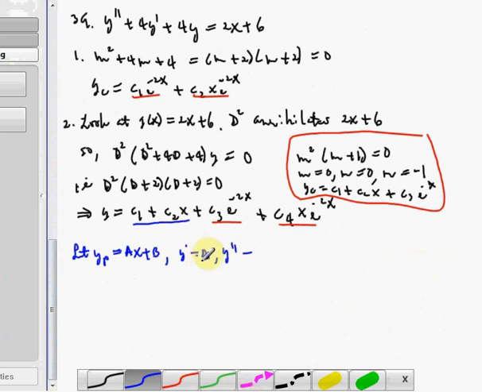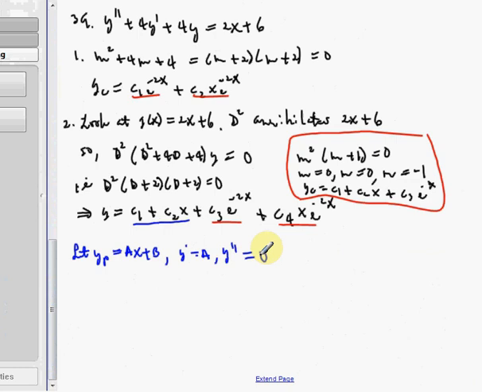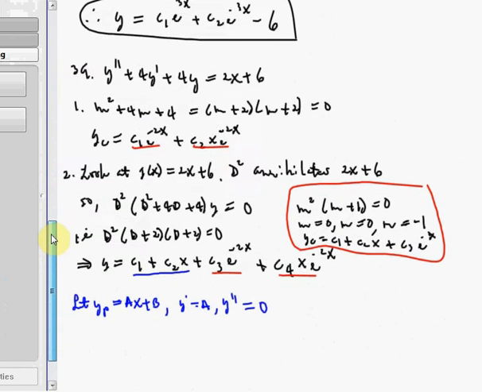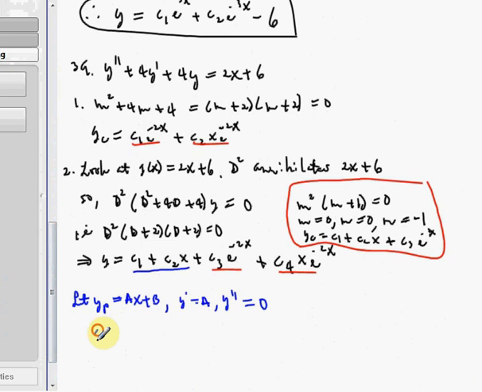So y prime is a, y double prime is 0. So you go back to the original problem. So y double prime, 0, plus 4 times y prime, that's 4 times a, plus 4 times y, and y is said to be ax plus b, and that's equal to 2x plus 6.